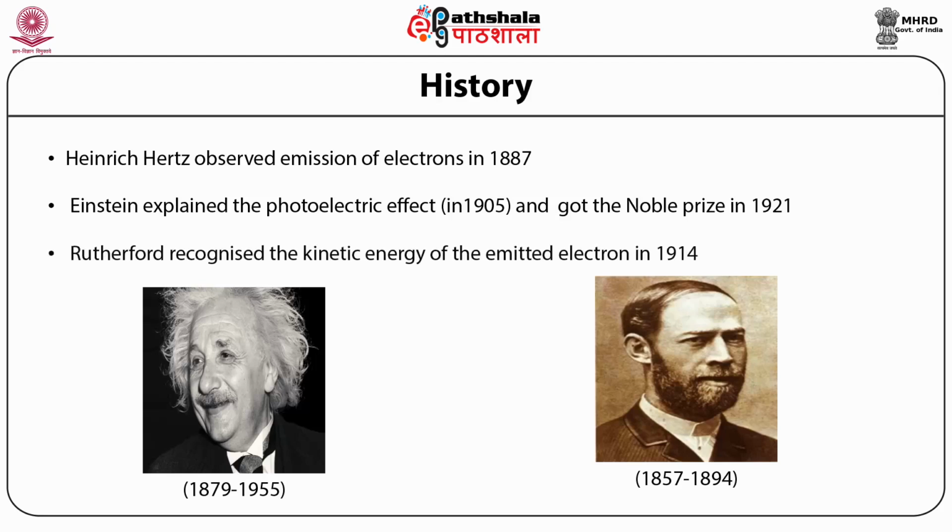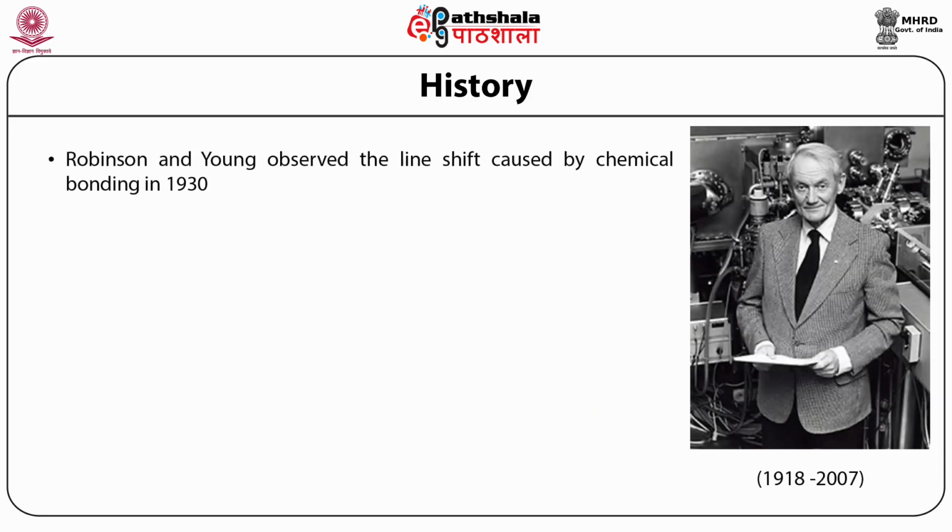Rutherford and his co-workers in 1914 recognized that the kinetic energy of the electron is the difference between the X-ray energy and the electron binding energy. Robinson and Young observed the line shift caused by chemical bonding in 1930.